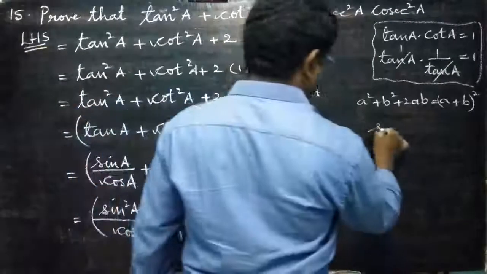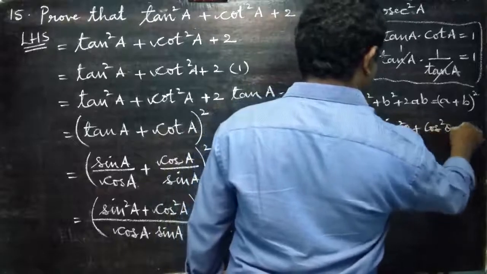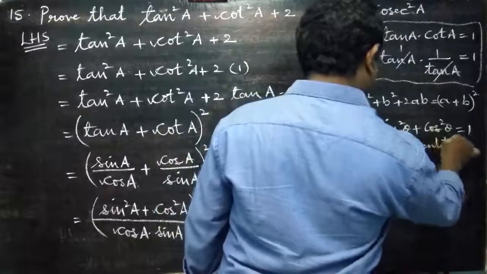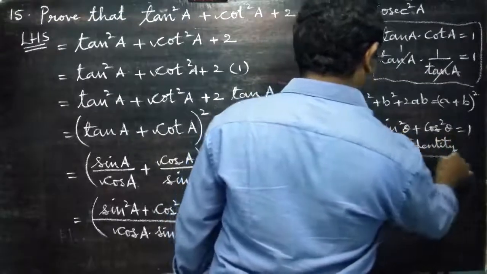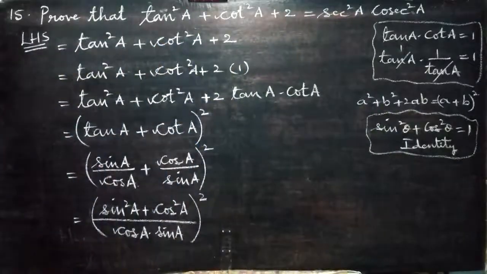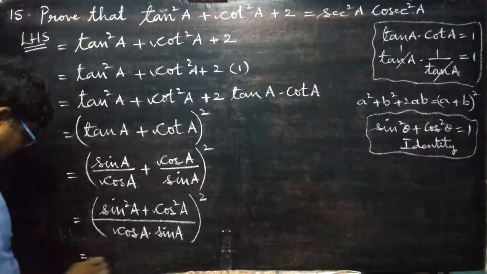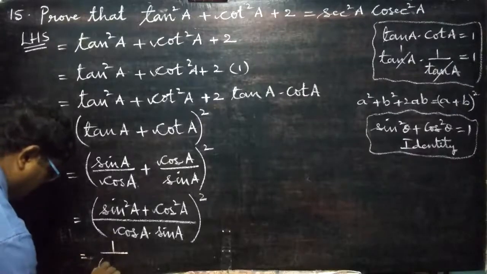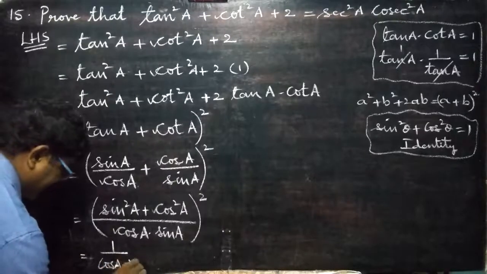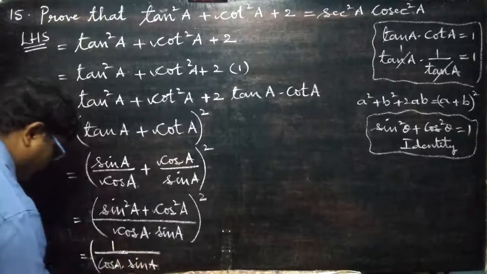What identity? Sin square theta plus cos square theta is equal to 1. We have learned 3 identities, and this is one identity. That is equal to 1 by cos A into sin A, whole square.